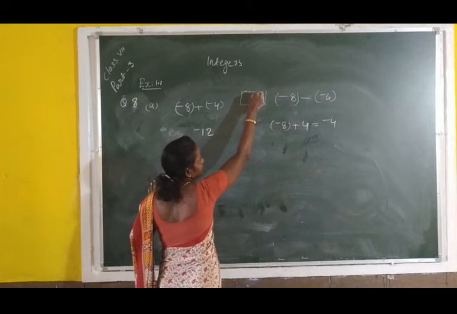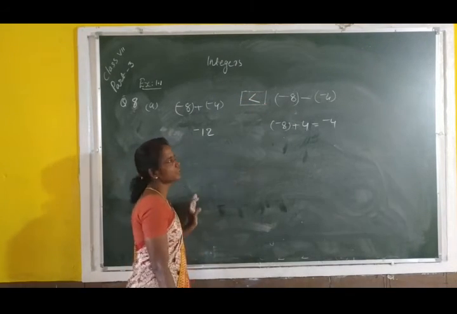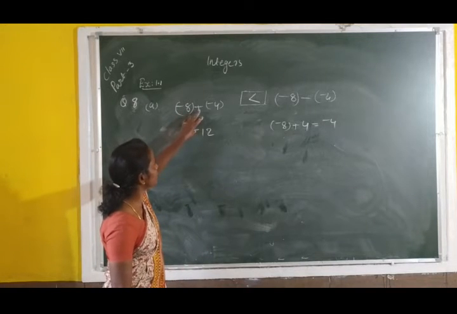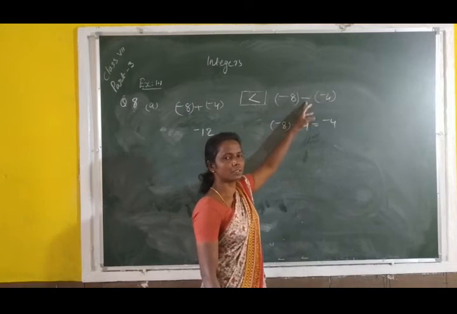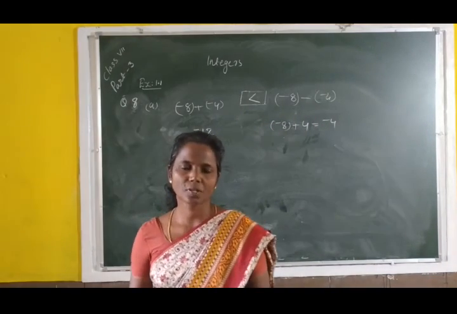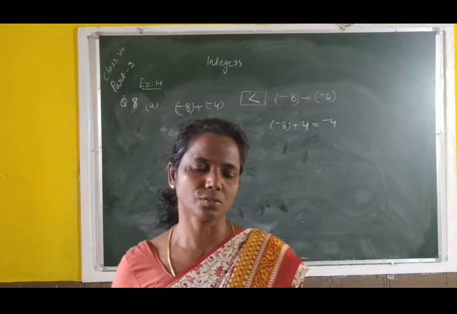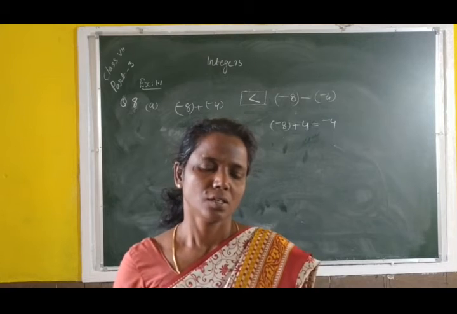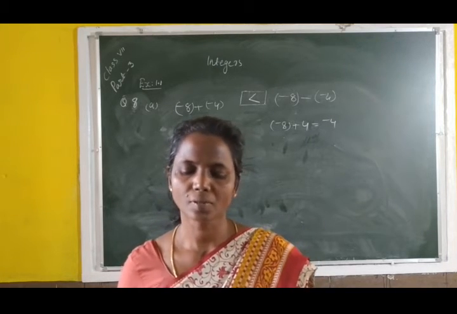So look, the symbol: negative 8 plus negative 4 is less than negative 8 minus negative 4. Is it clear? The remaining questions of exercise 1.1, you should find the answers yourself and write them in your copy.